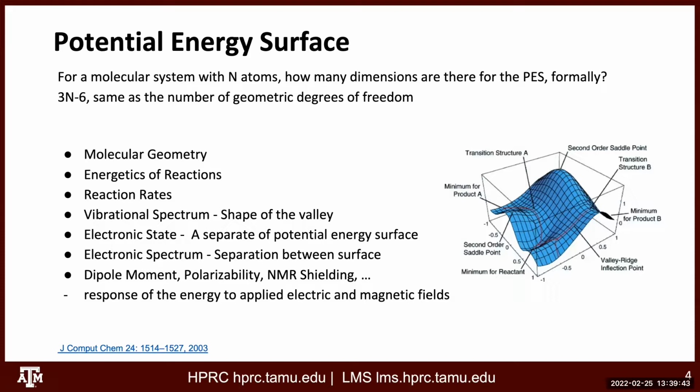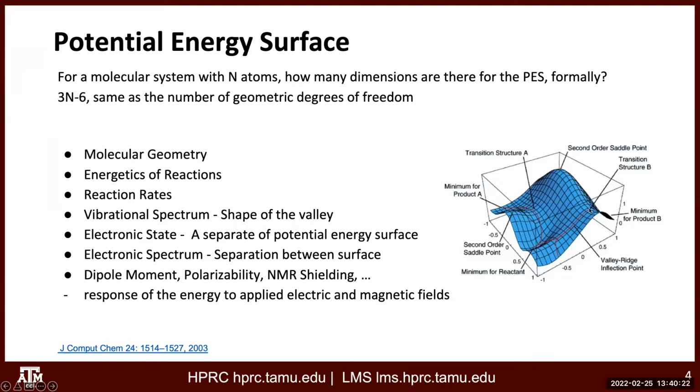If you have a very low barrier that's easy to overcome, then it's very likely that the reaction will happen very fast. When you calculate a vibrational spectrum, it corresponds to the shape of the valley. If you get a very large frequency, it means a very steep valley. Different electronic states in chemistry correspond to different potential energy surfaces.